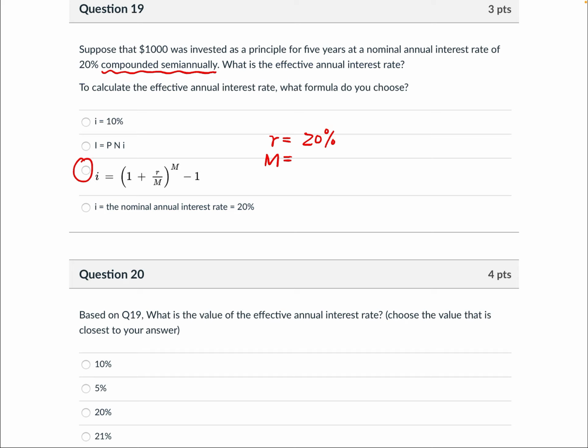So for the total of 5 years, it's compounded how many times? 5 times 2, which is 10. So you just substitute these new values into this formula. So your effective annual interest rate is 1 plus 20% divided by 10 to the power of 10 minus 1.